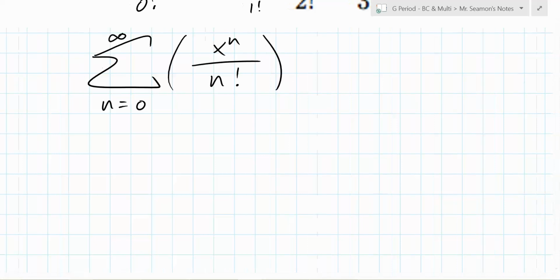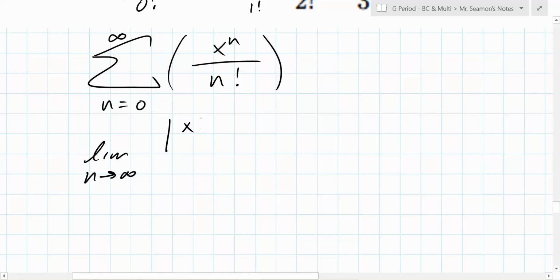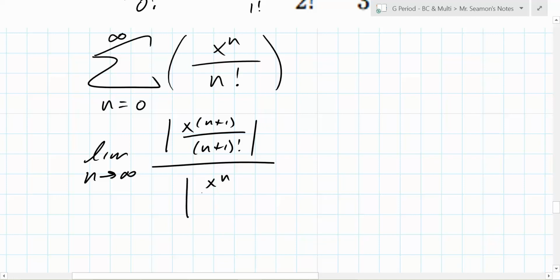So we now have a general form for this. What test are we going to run to try to find the interval of convergence on this, the radius of convergence, which gets us the interval? The ratio test. So we're going to do the limit as n goes to infinity of the absolute value of x to the n plus 1 over n plus 1 factorial, over x to the n over n factorial.